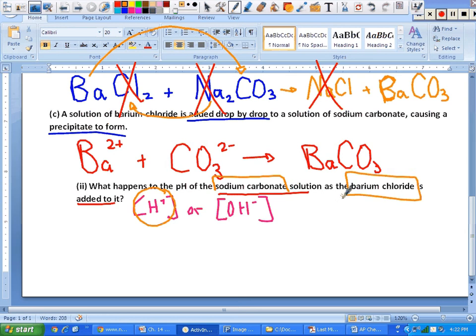For some reason, and again, this is the part I tried to look up. This is one of these questions where you're going to say, I have no idea. They are saying this solution is basic. And I'm thinking here's the reason why.